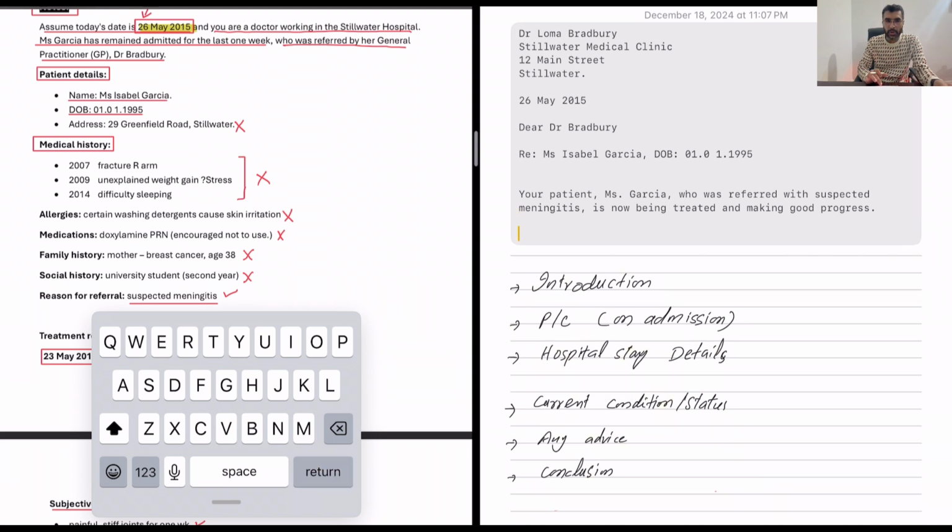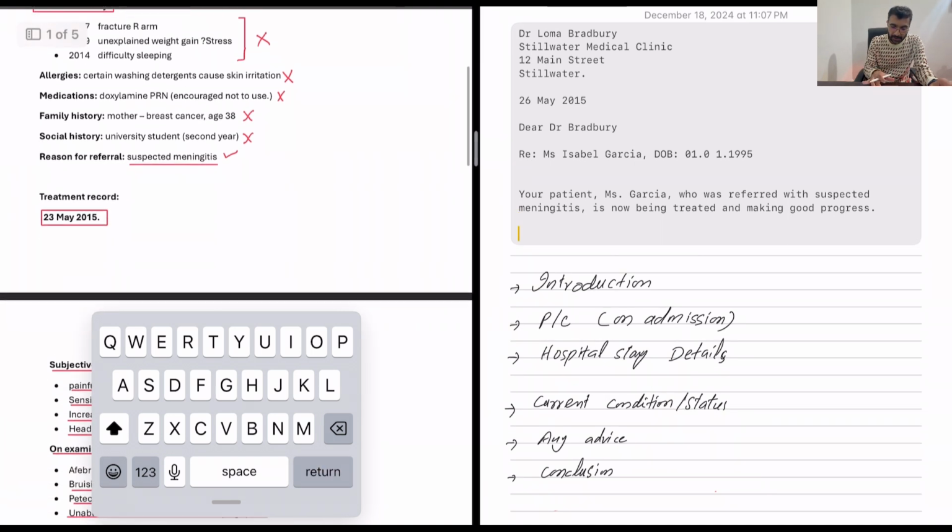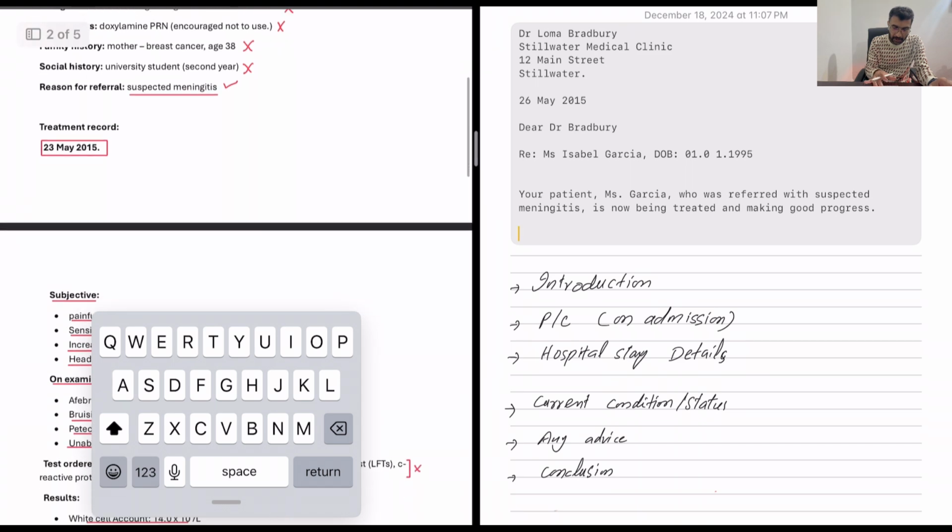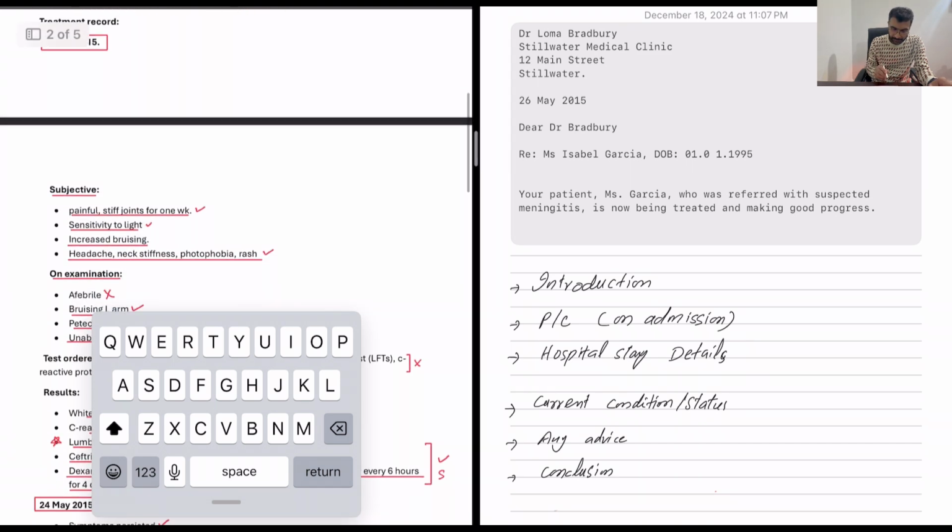After that, we'll write the complaint with which the patient was admitted. You can see it here in the treatment record, on 23 May, when the patient was admitted for the first time.